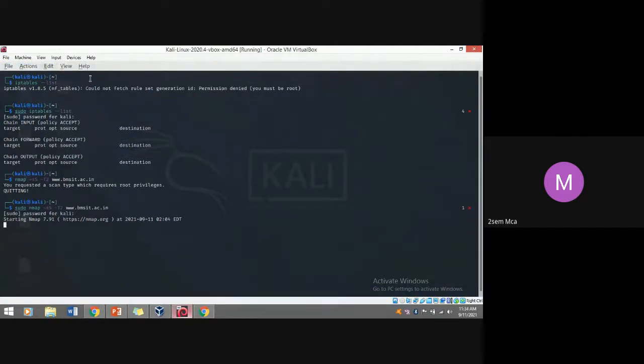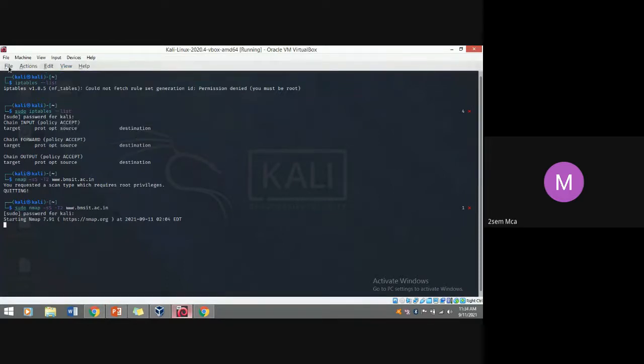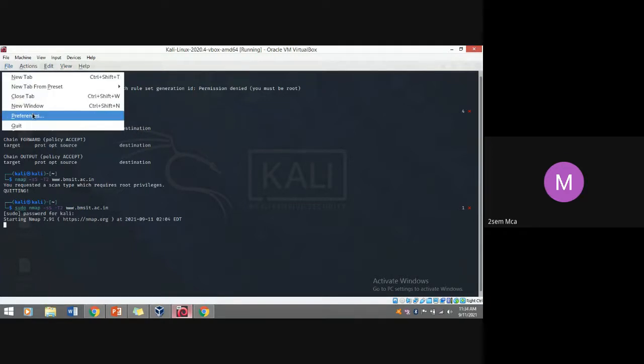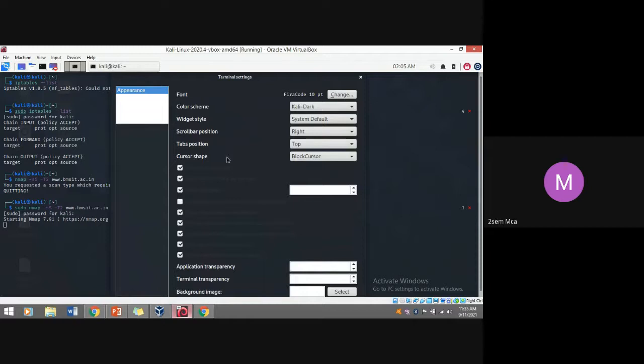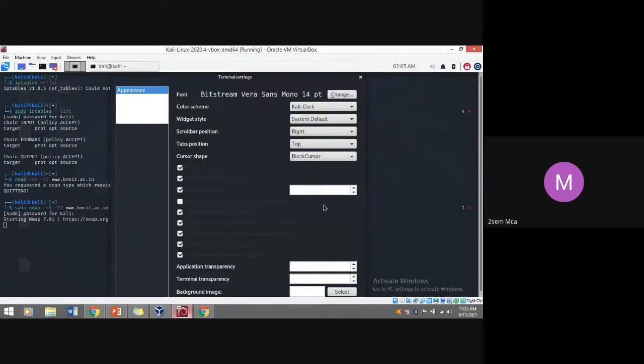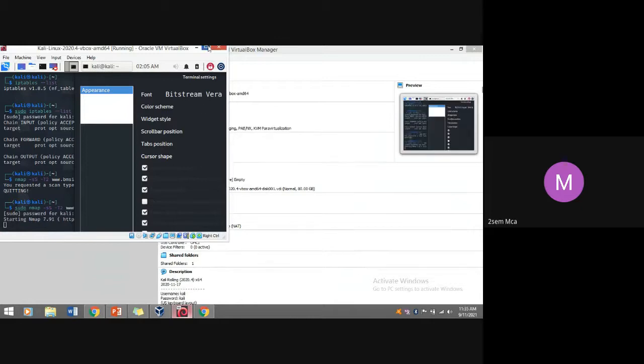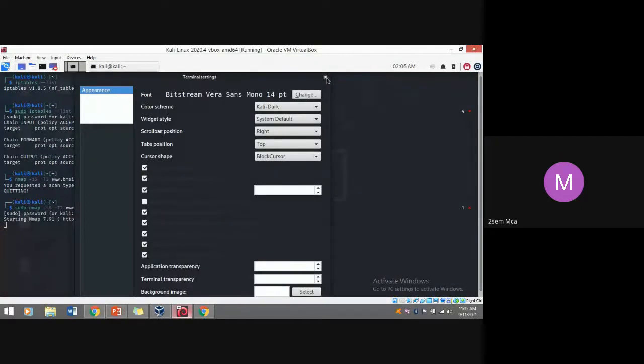Now, file, preferences. I think now it is visible, right?